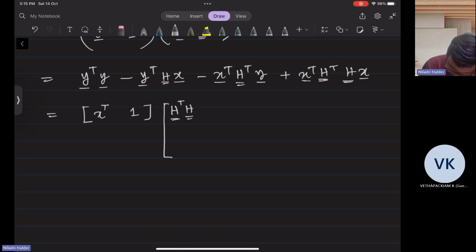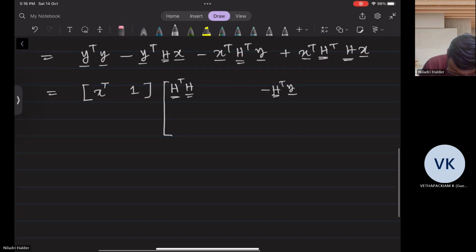H transpose H minus H transpose y minus y transpose H plus y transpose y.